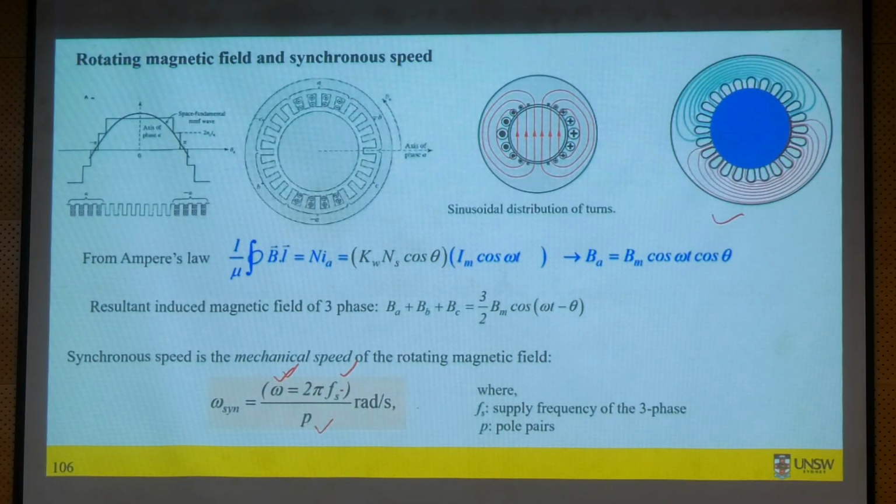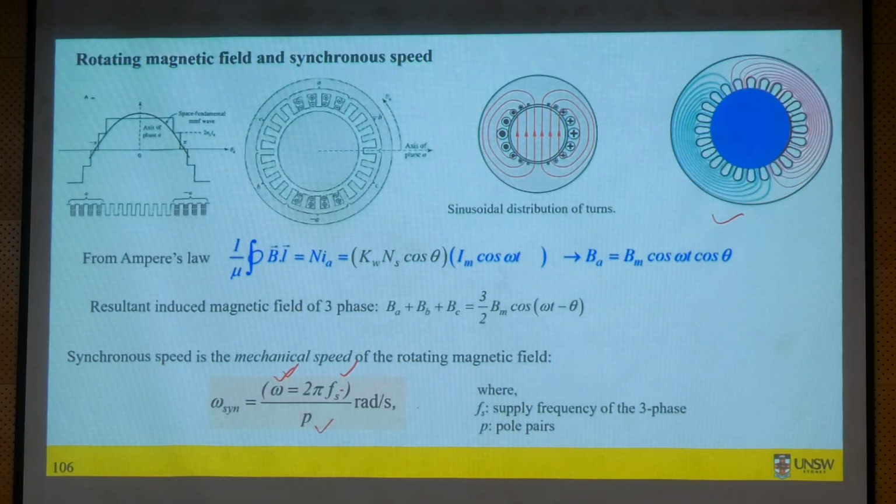So often in control, we talk about electrical speed, mechanical speed. So this is where they come from. Whenever there's a synchronous electrical speed, it's simply the angular frequency. Okay? And divided by your pole pair, you get your mechanical speed, mechanical synchronous speed in radian per second.